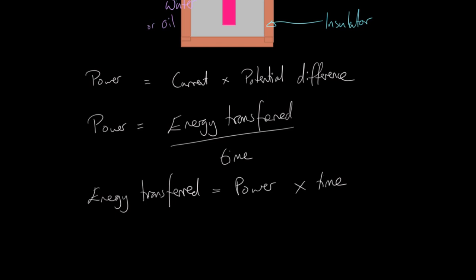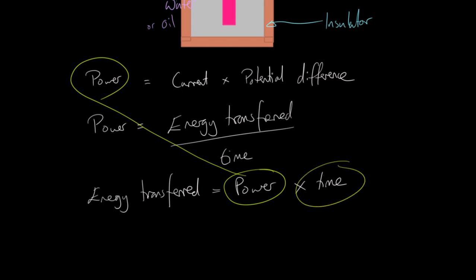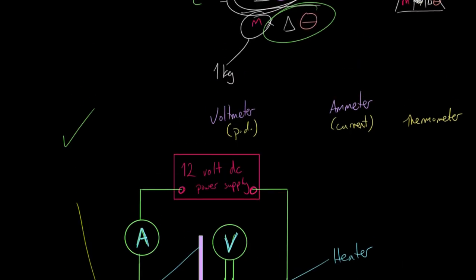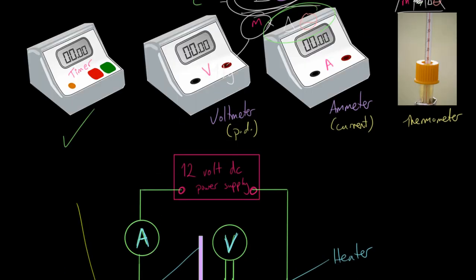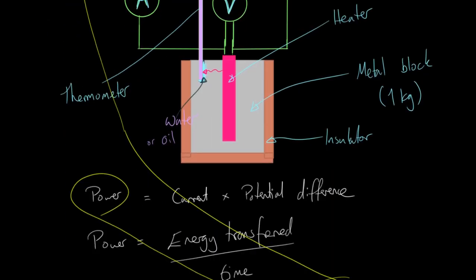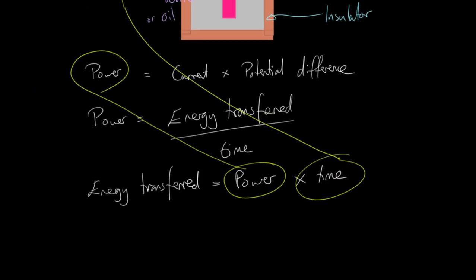Power, I know because I worked it out by multiplying the current and the potential difference together. Time I know because all the way back here, I've hidden it, there it is, I have my timer running. So if you want to work out how much energy has been transferred to the block, you times the power of the heater by how long it was on. And you will get a table of results.